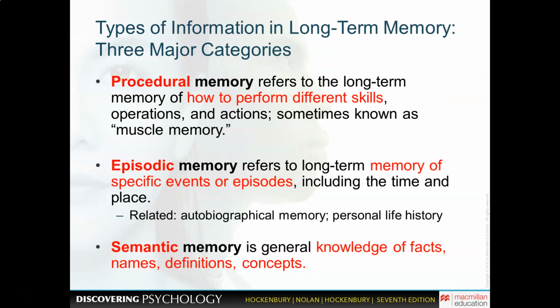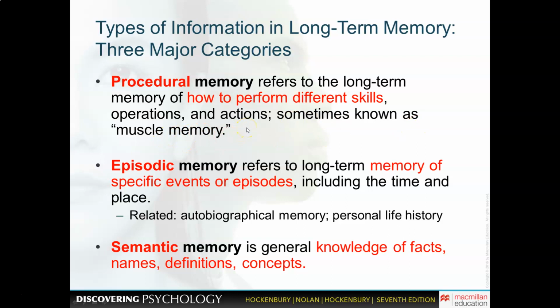There are three types of information in our long-term memory, basically three categories. Number one, procedural memory. That is how to perform different skills. You see how I put these in red right here. Procedural means how to perform different skills. Sometimes that's known as muscle memory.